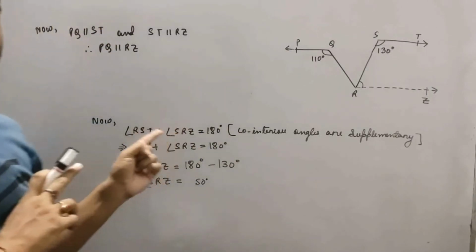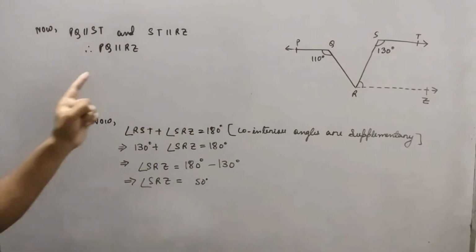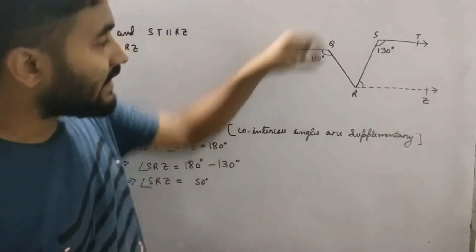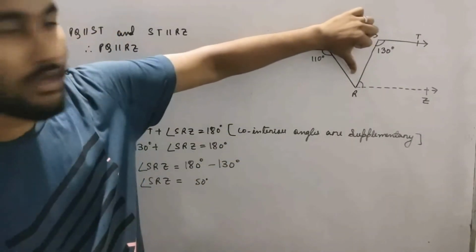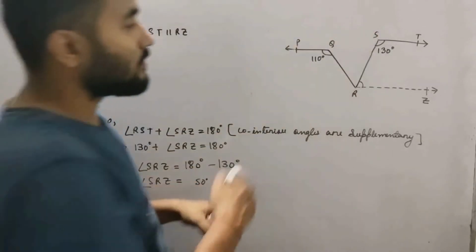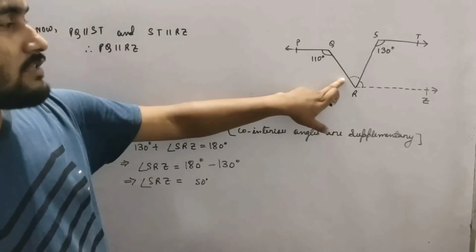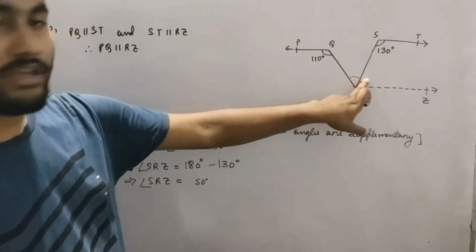That same concept we have done in question number 3, isn't it? See, with 110, this angle is not the alternate angle, because this angle is touching the transversal and this angle is touching over here.